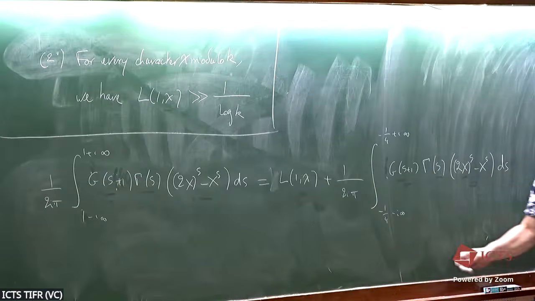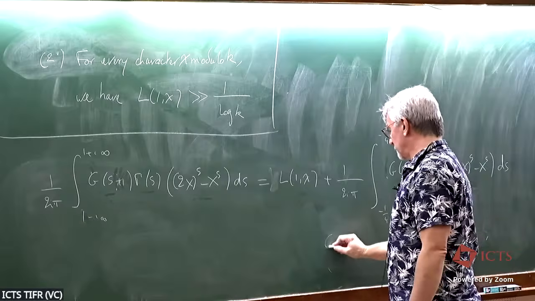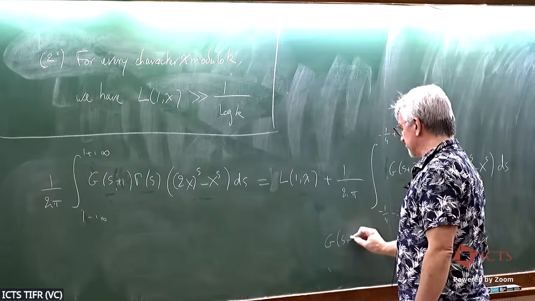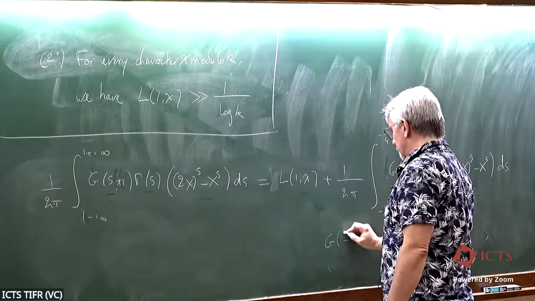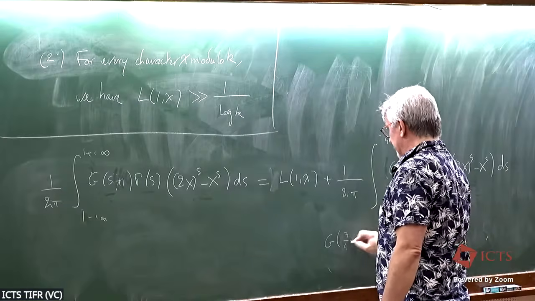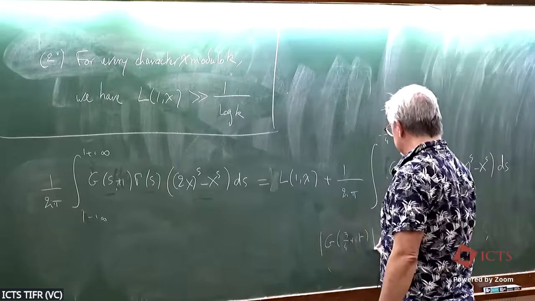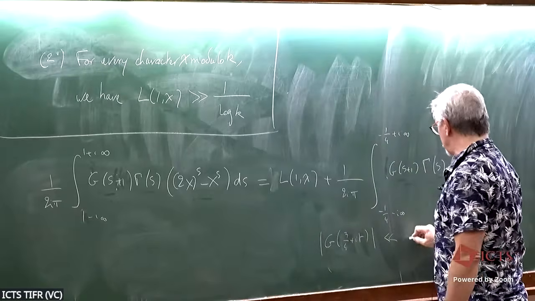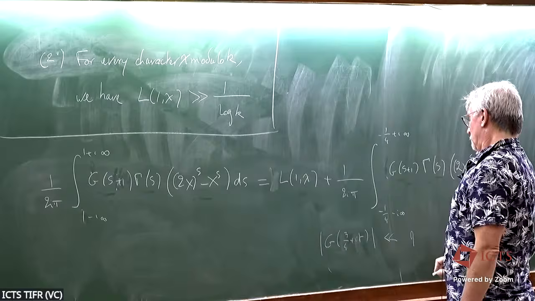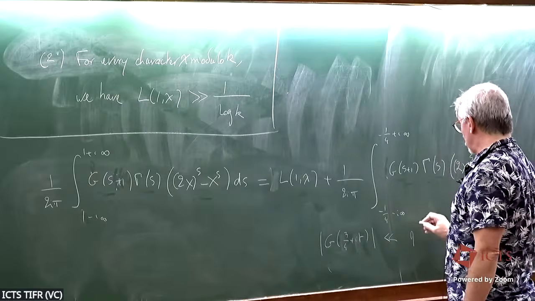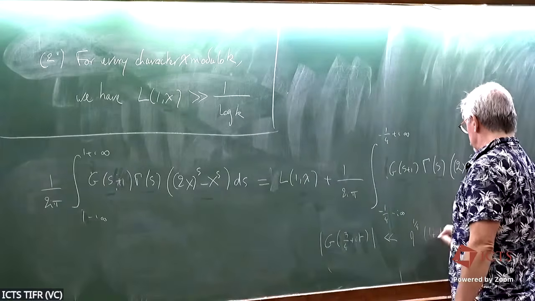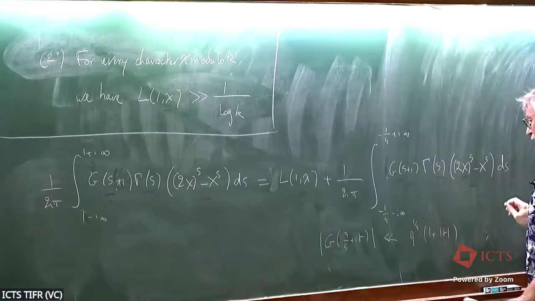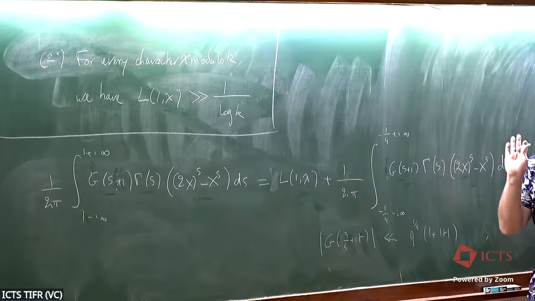Okay? So what you have, G of s plus 1, G of 3/4 plus it, an easy bound is less than Q to the 1/4 times 1 plus t. That you should be able to get.